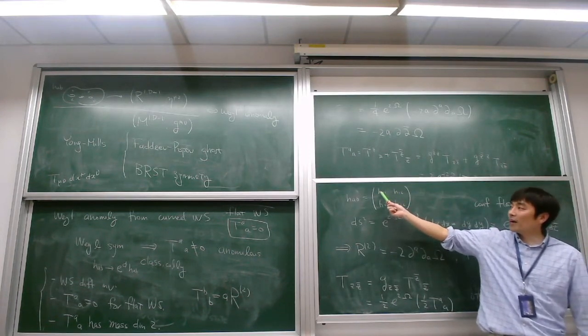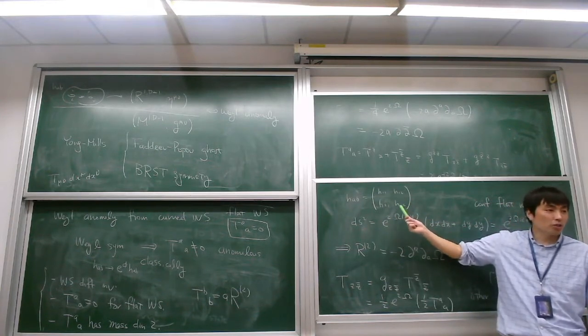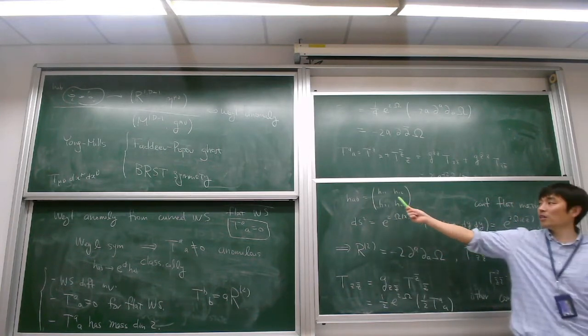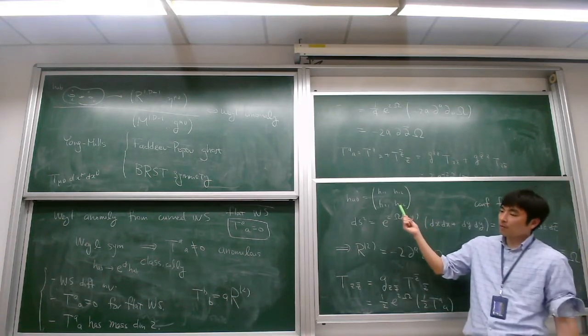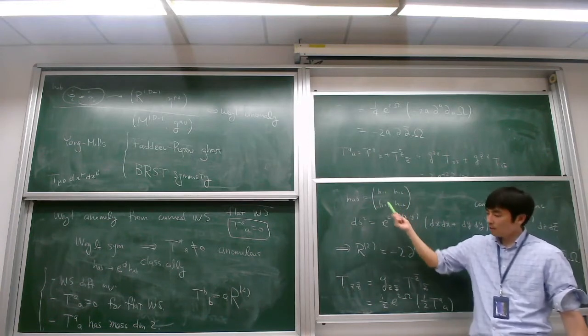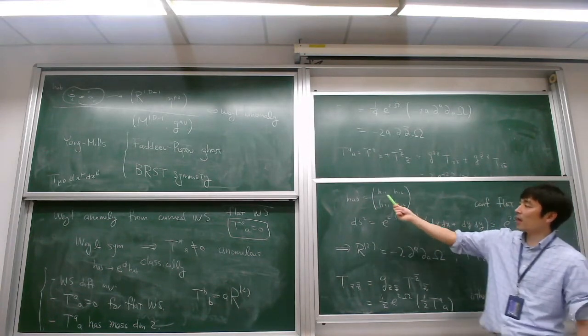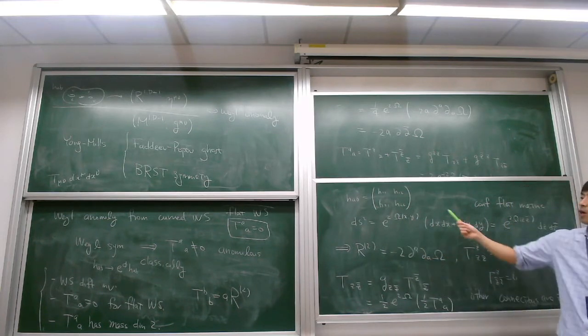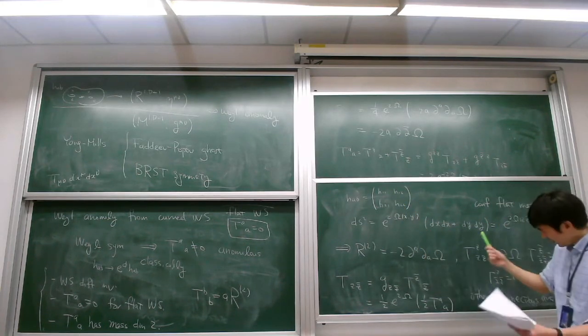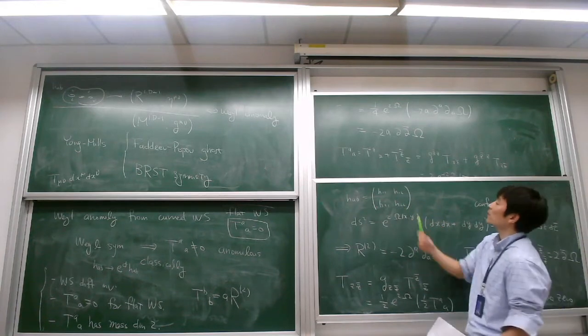But the question is why H11 can be equal to H22. Even if they are different, you can have another redundant diffeomorphism to at least fix the scaling, to match the 11 component and the 22 component.